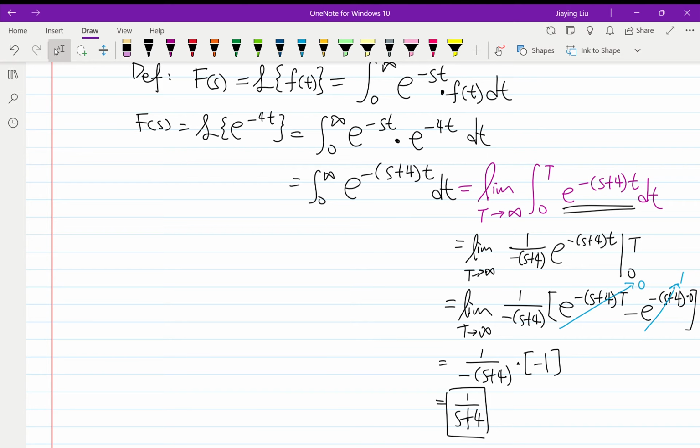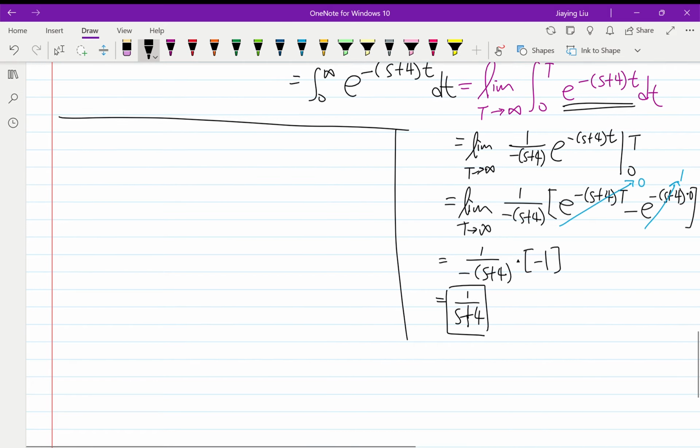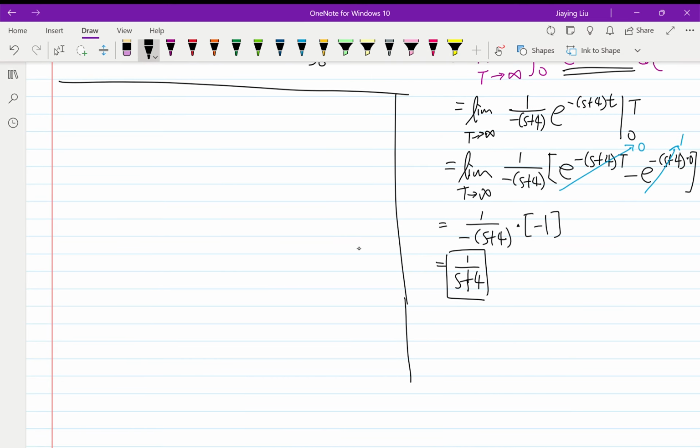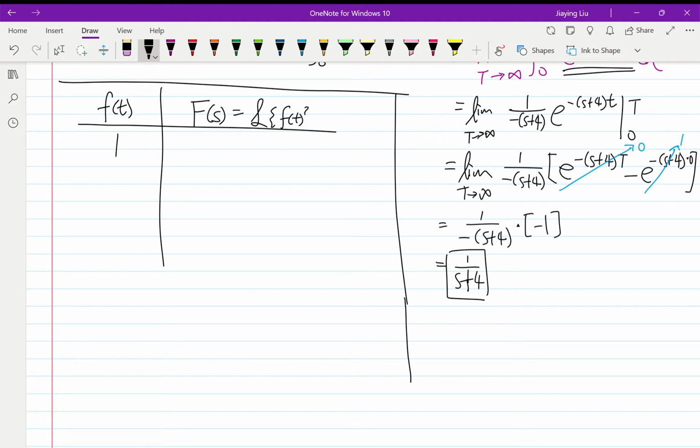Obviously, you don't have to do this every time, because there's actually a table of common functions that you can memorize and use in the future. So if f of t is just the number 1, then the Laplace transform of that, so the left side is the function of t, the right hand side is the Laplace transform, is just going to be 1 over s.